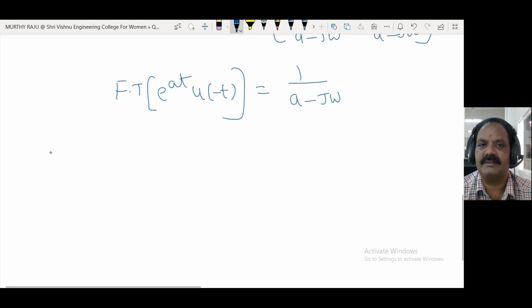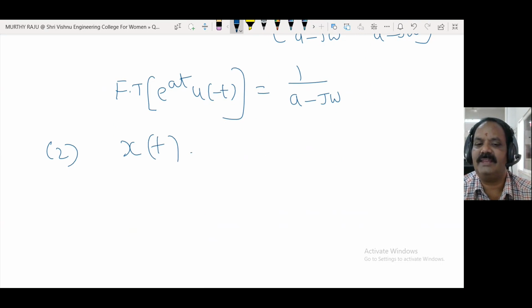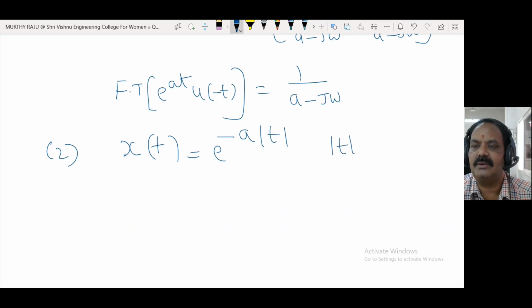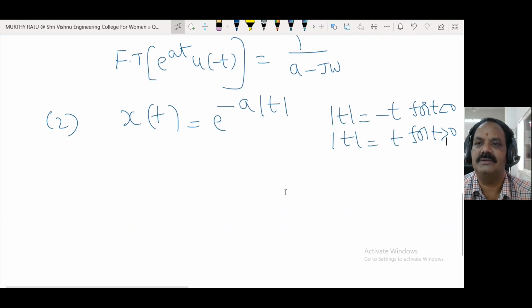Coming to the second one, x of t is equal to e power minus a mod t. Mod t is equal to minus t for t less than 0, and mod t is equal to t for t greater than 0.